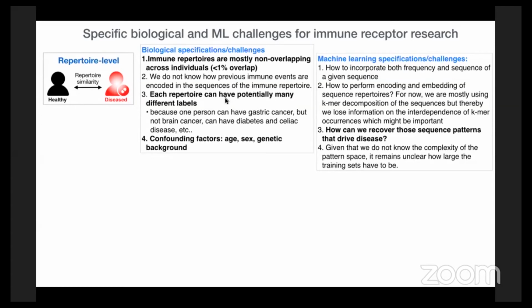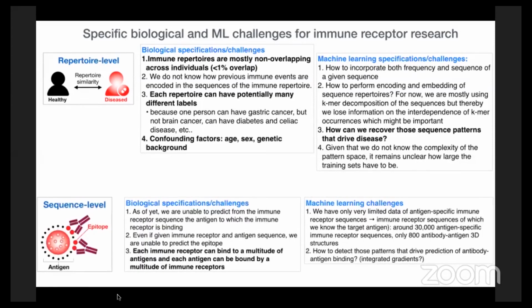Each repertoire can, of course, have potentially many labels, because we can have many different diseases, yes or no. So it would be very nice to predict all of these. And then there are also, as Fabian has mentioned, confounding factors here as well, such as age, sex, and genetic background. And then, of course, we would not only like to classify, we would also like to recover those sequence patterns that are actually driving disease to then follow up with this therapeutic approach.